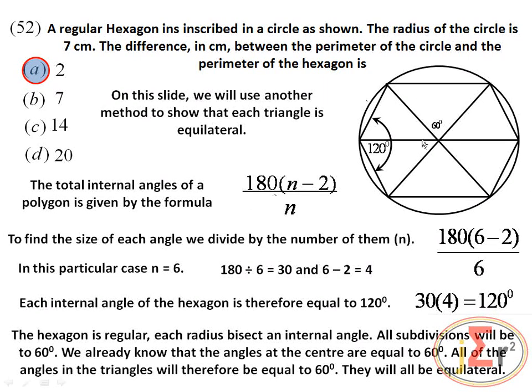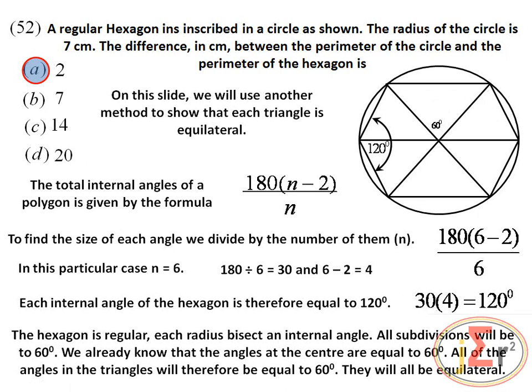So we have the internal or the interior angle 120 degrees. This line will bisect the interior angle, so we will have 60 degrees here, 60 degrees over here, and it will be true in every single case. So this is 60, this will be 60, this will be 60, all the way around. We will have all of those angles equal to 60 degrees.